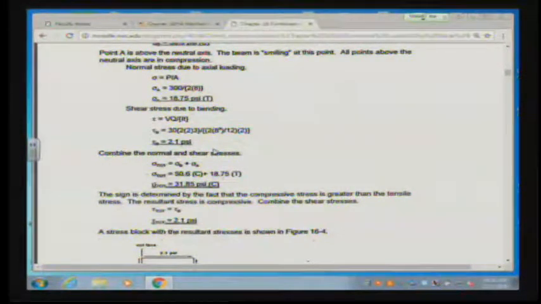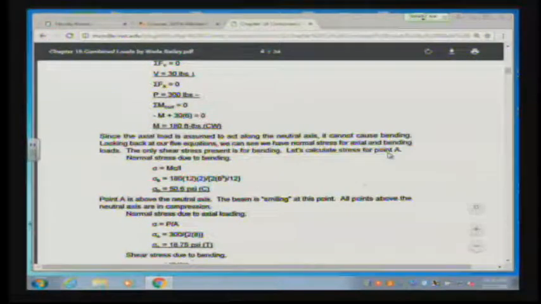He got a little bit of a confusing point on his symbols. We're taking a look at point A. So this is not really the sigma at point B, as would be indicated from the drawing.